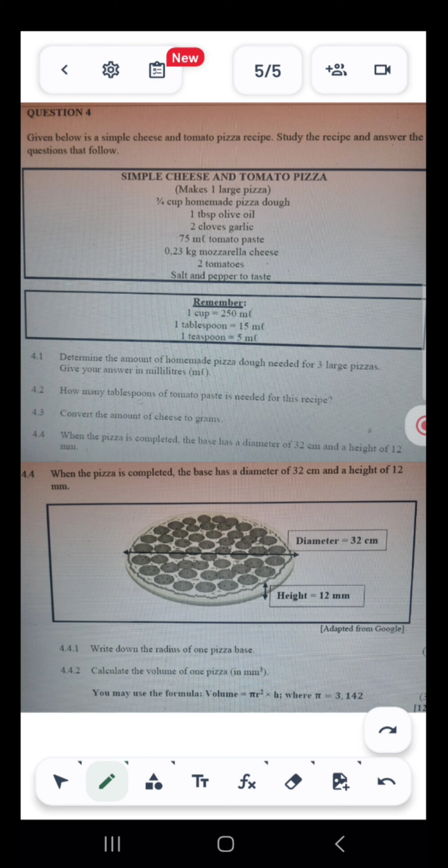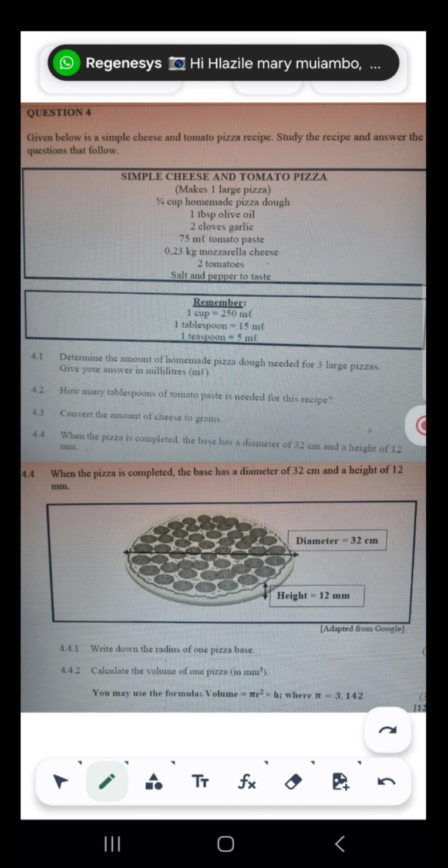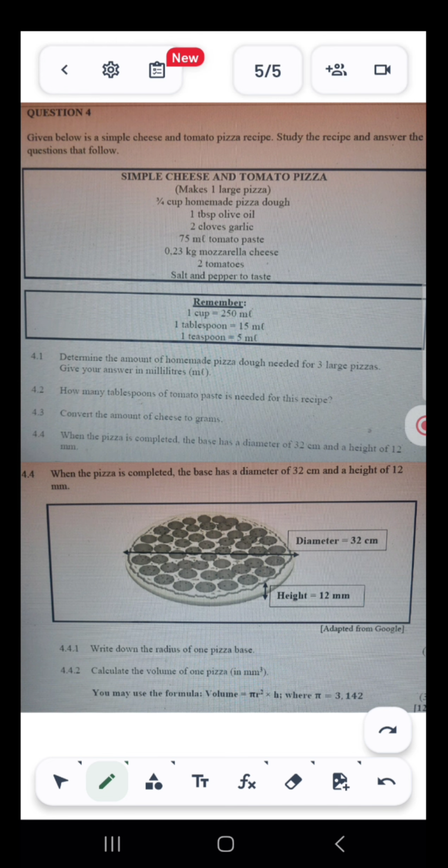The first question says, determine the amount of homemade pizza dough needed for 3 large pizzas. Give your answer in milliliters. The question talks about homemade pizza dough, and the dough is given in cups.